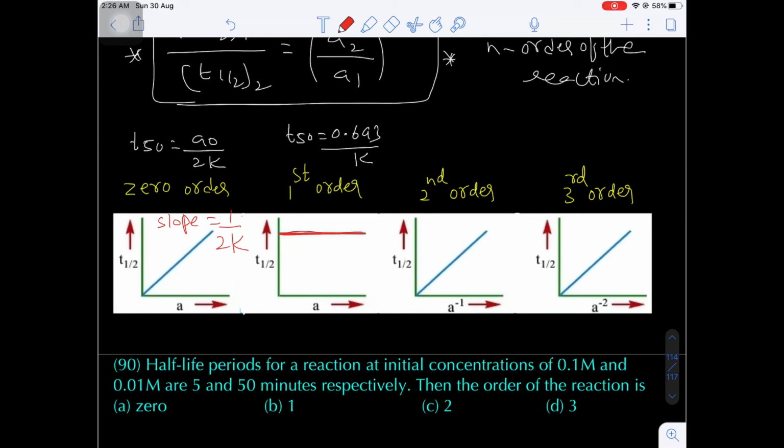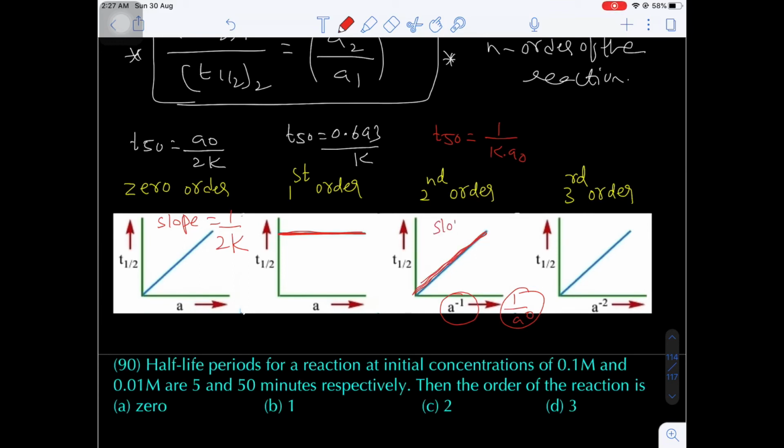In case of a second order reaction, what is the T50? T50 will be equal to 1 by k times the initial concentration. Now on the x-axis, if you see 1 by a, that is nothing but a to the power minus 1. This is 1 by a or 1 by a0, we can take initial concentration. There is a straight line passing through the origin. This is in the form of y is equal to mx.